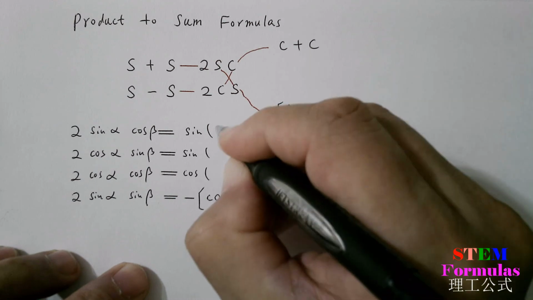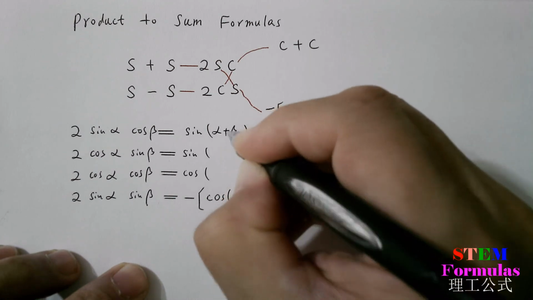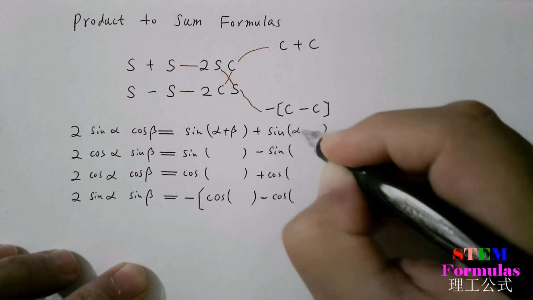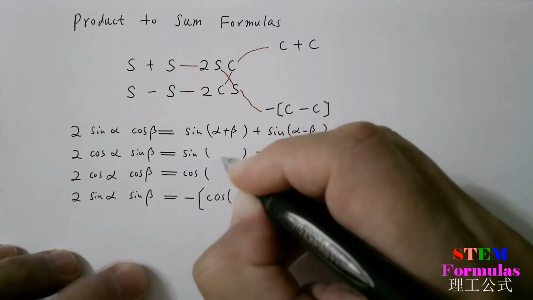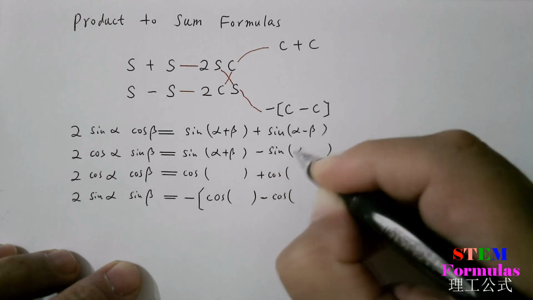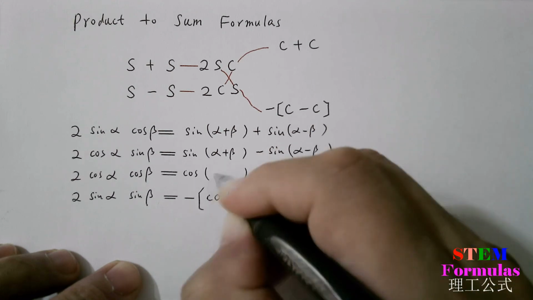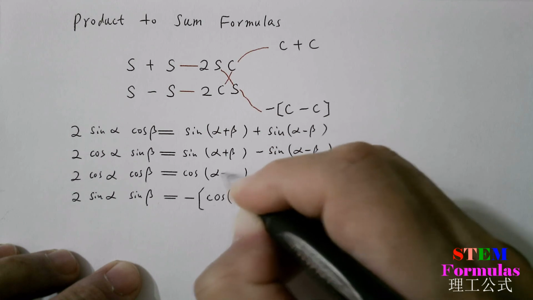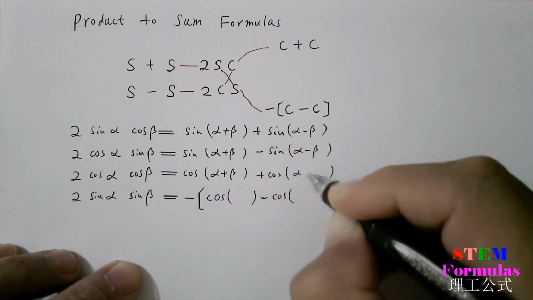So I can write down alpha plus beta, alpha minus beta, alpha plus beta, alpha minus beta, alpha plus beta, alpha minus beta.